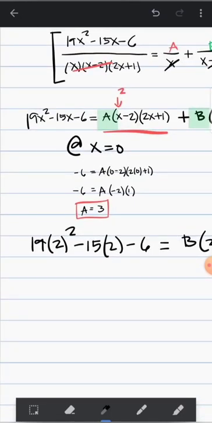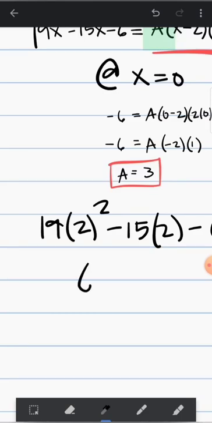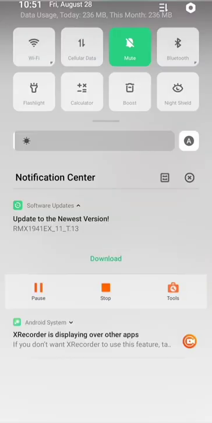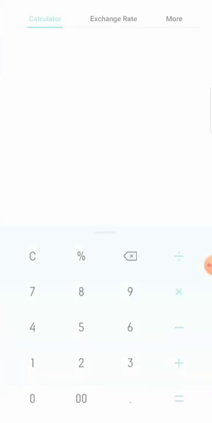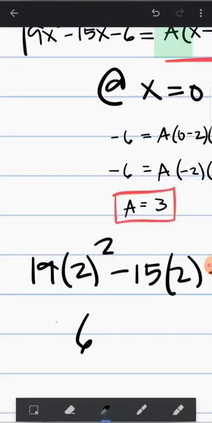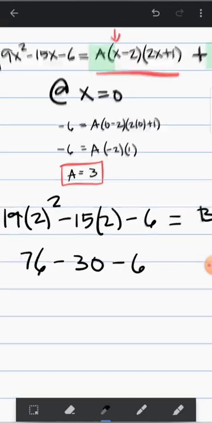So here, 19 times 4 is what? It's 36, carry 3, that's 126. Am I right? Or not? 19 times 4, oh my god, 76, not 126. So it's 76 minus 30 minus 6, which is minus 36.